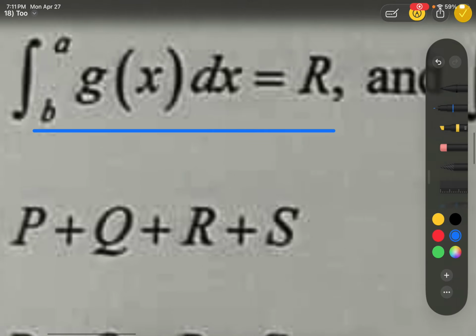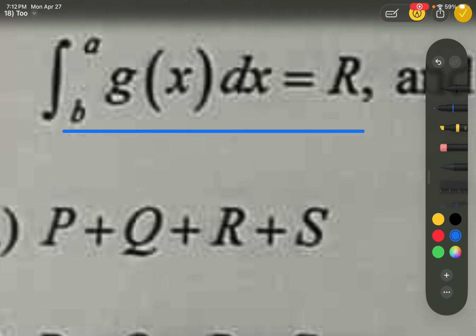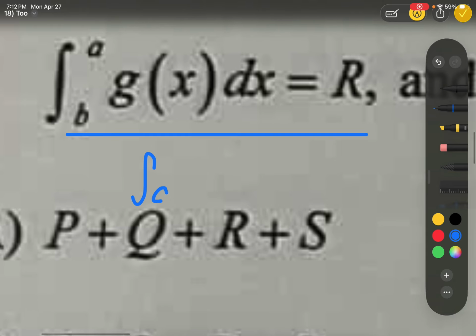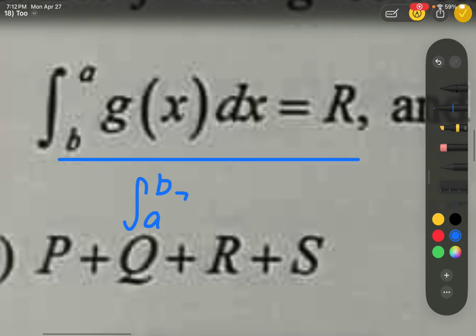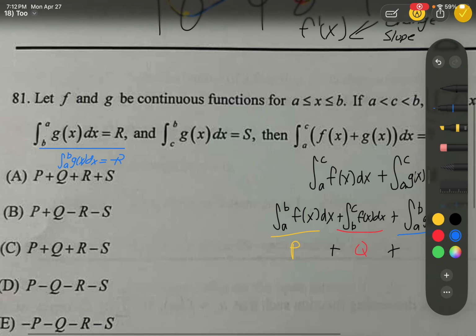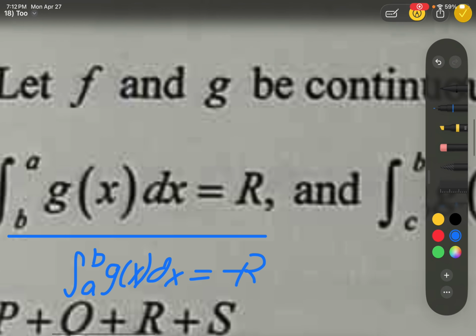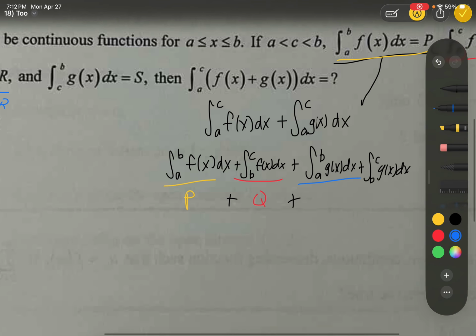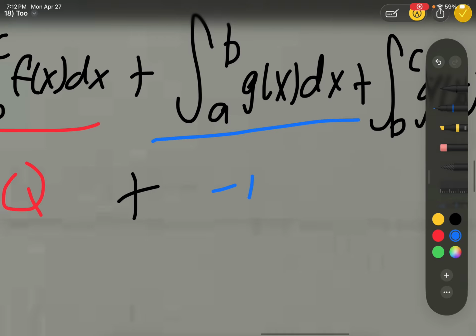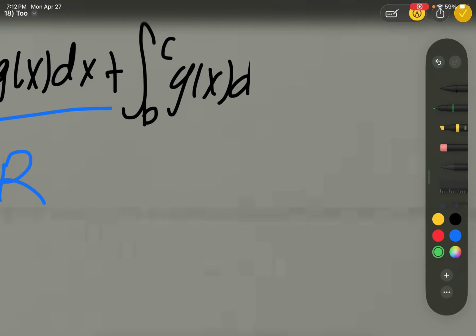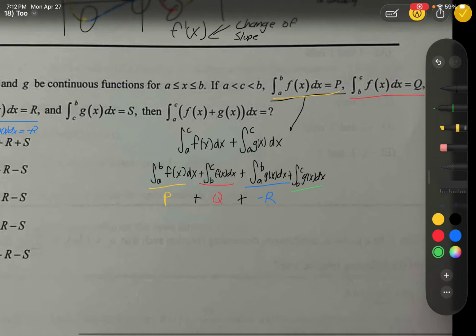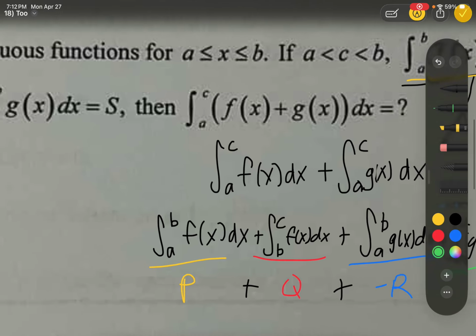So we can flip this integral, but just change the sign. So basically, A to B, g of x dx is equal to negative R. That's all you've got to do when you have opposite area. You just have to flip everything around. So it's going to be negative R. And then this, same thing with this.